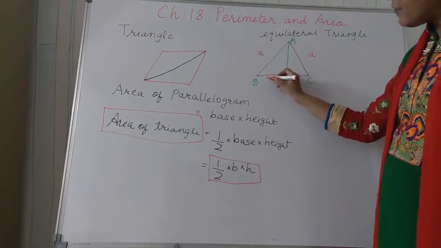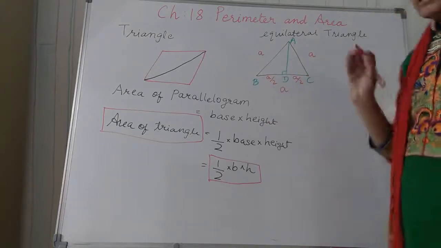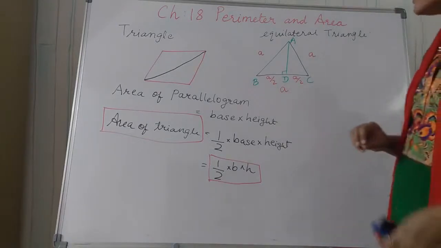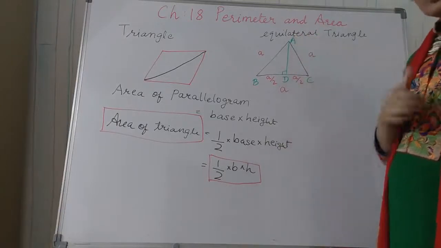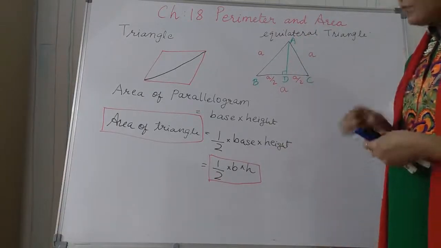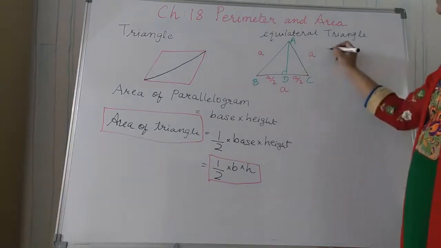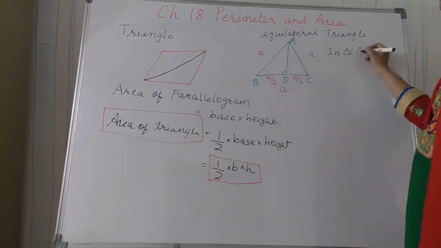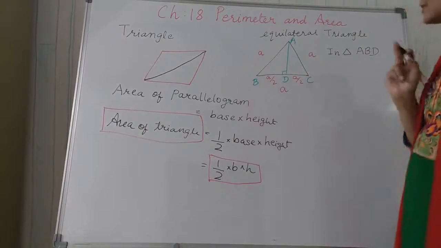So it will be divided into two parts as a by 2, a by 2. Now students, we have this formula already, but we don't know the height here. So we want to find the value of AD. For that, in triangle ABD, I will use the Pythagoras theorem.